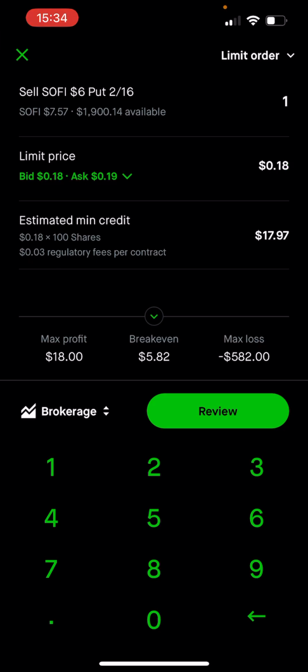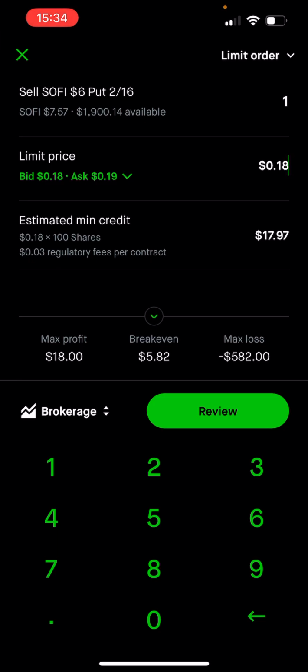$17.97. To do a quick percentage of what your return on investment's going to be, like I said, this is about a month out, we would be doing the $17.97. We would divide that into the 600, which would give us 0.029, and we would times that by 100.